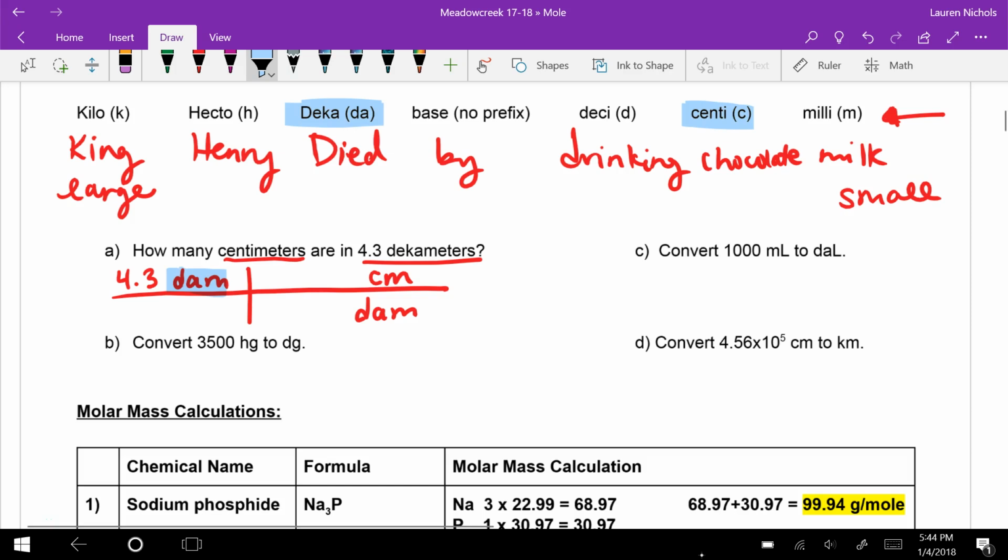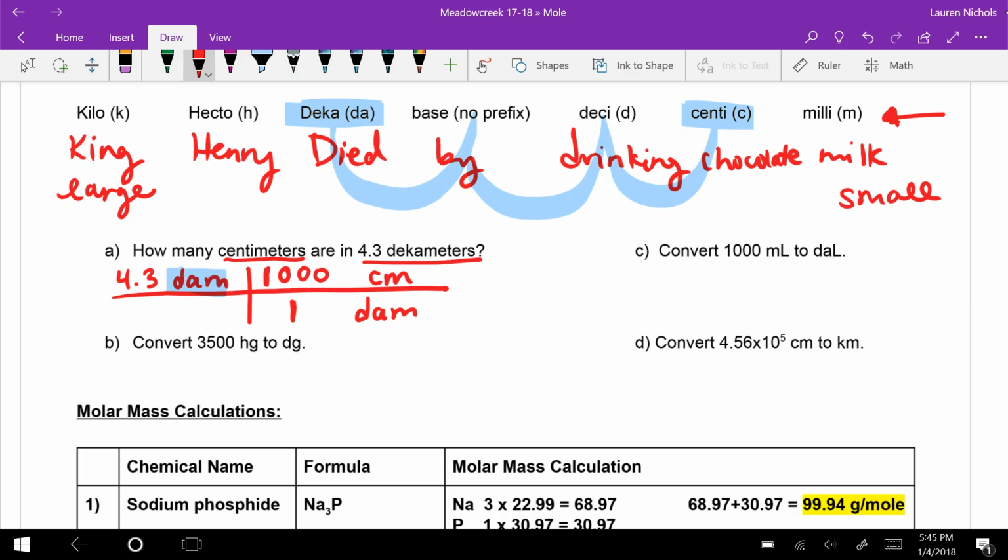Now when I do this, deca is 1, 2, 3 spaces away from centi. And what you'll do is you'll put a 1 next to the prefix or unit that's larger. Now deca is larger than centi, so I'm going to put a 1 here. And I'm also going to put a 1 by the centimeter, but I'm going to add 3 zeros next to that 1.